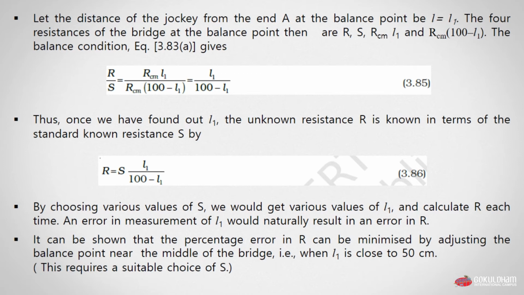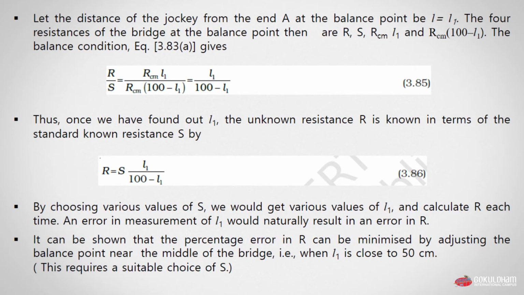And the balance condition equation 3.83a will give us R divided by S. Means here R is our unknown resistance and S is our known resistance. So R divided by S is equal to r cm into l1 divided by r cm into (100 minus l1), which is equal to l1 divided by (100 minus l1), and this is our equation 3.85.